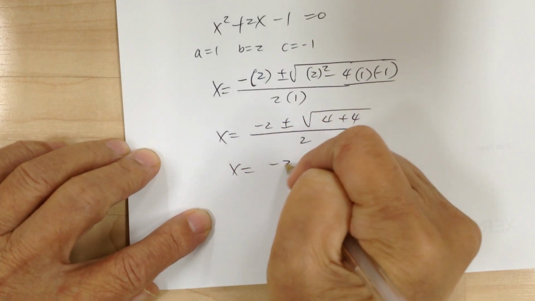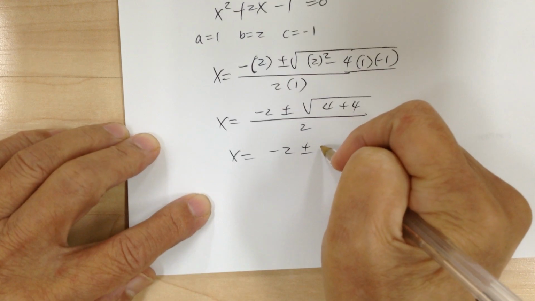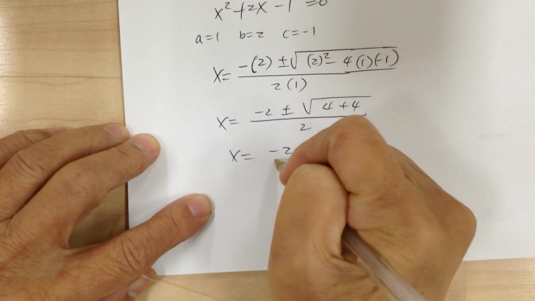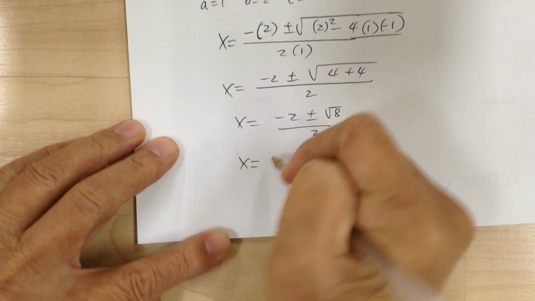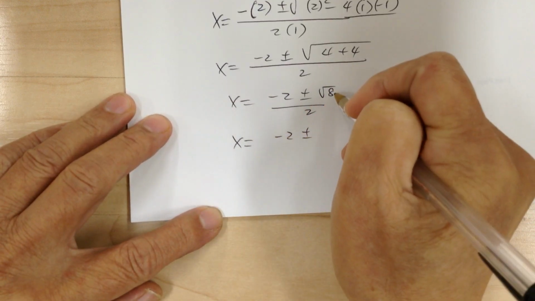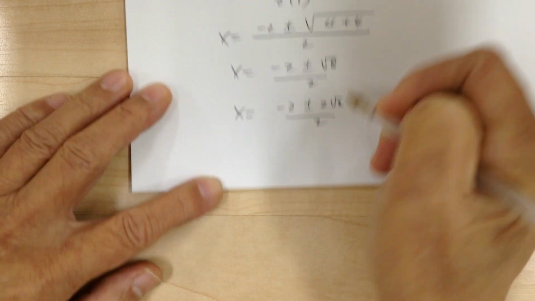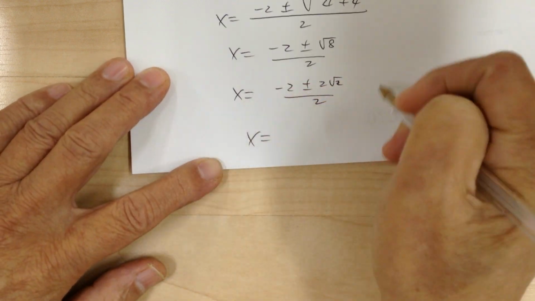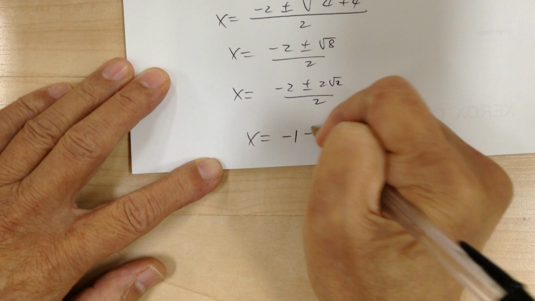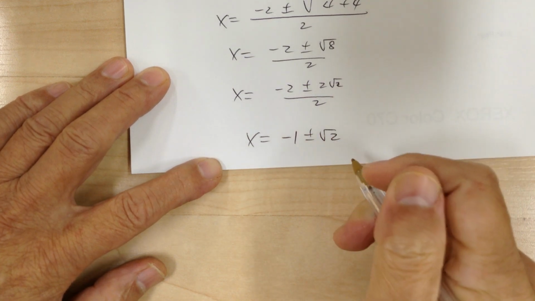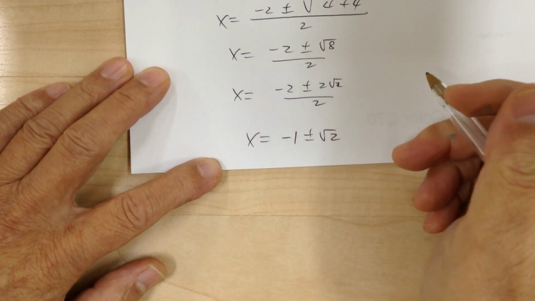So x equal to negative 2 plus or minus square root of 8 over 2. You can simplify very quick. So square root of 8 is 2 square root of 2. And then from here you're dividing by 2, so you got negative 1 plus or minus square root of 2. And those are the other 2 answers.